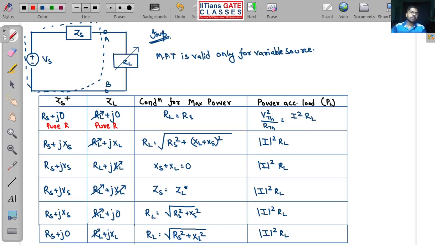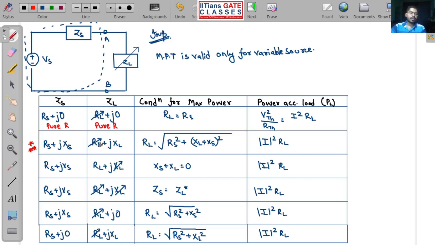Now suppose my source impedance is RS plus JXS. This is a complex impedance, and the load is also complex, but in that complex load only the real or resistive part is varying. This is very, very important.